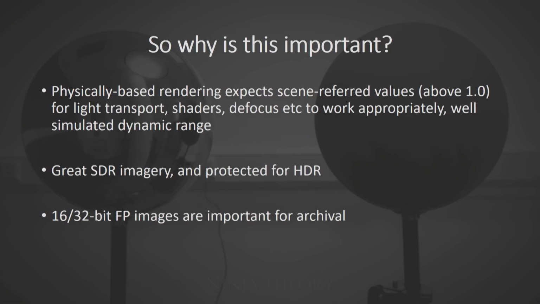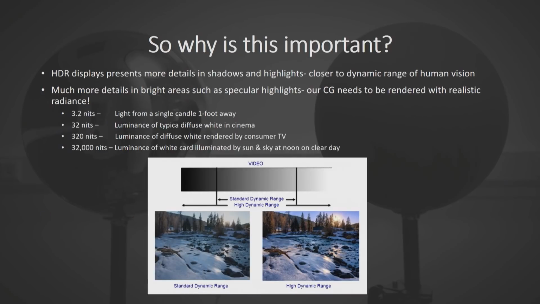Another thing that's really important when working with scene referred imagery is making sure that we use 16 or 32-bit floating point images for archival. If we master all our texture maps to 8-bit PNGs or JPEGs, we're not going to have the bit depth that we really need to look good on HDR devices. And it's really important to remember that standard dynamic range can have certain levels of black and white, and HDR devices can have even more. So we want to make sure we actually have rendering information on both ends of the spectrum.